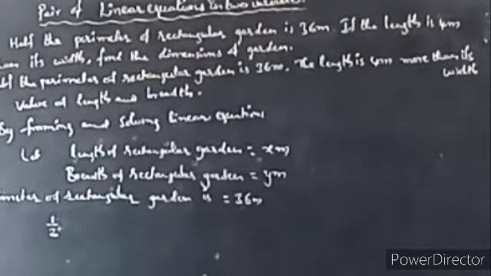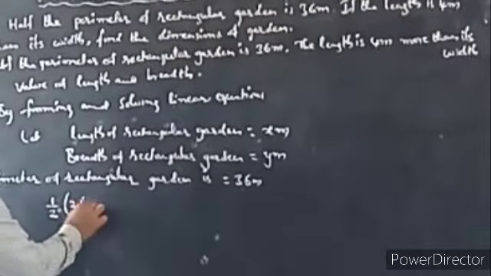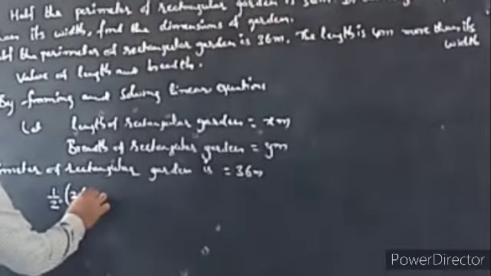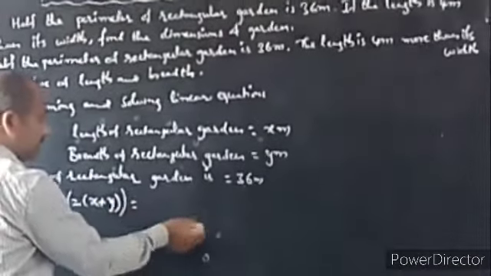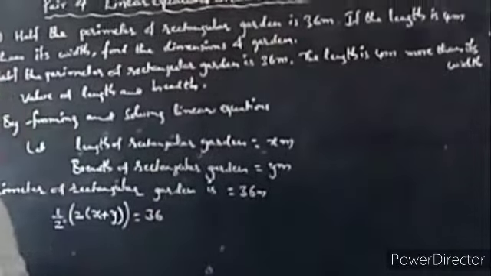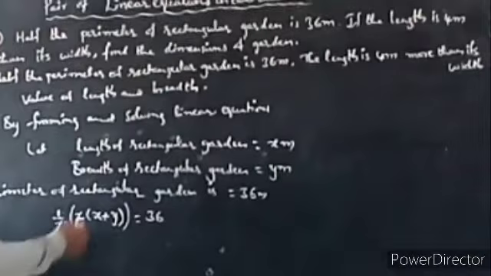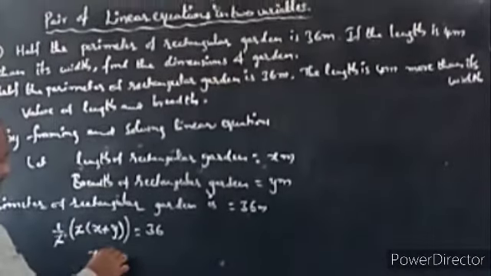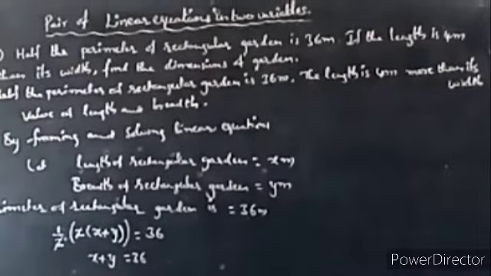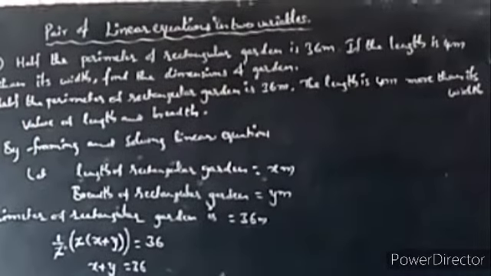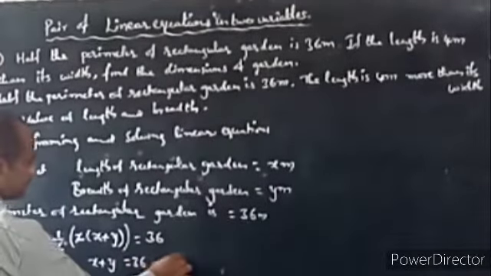Perimeter of a rectangle is 2 of length plus breadth. Length plus breadth means x plus y, which equals 36. The 2 and 2 get cancelled. Now it remains x plus y equals 36. Here we are getting one linear equation. This is equation number 1.